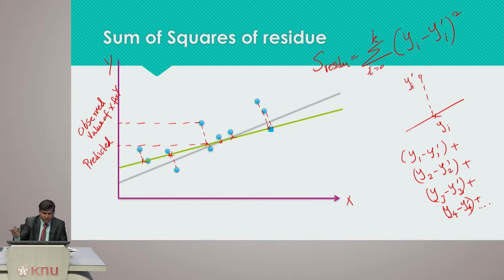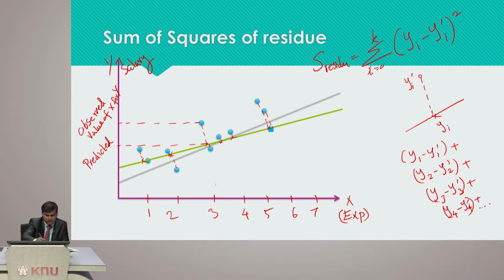Say, for example, we are talking about experience, and this is the salary, and let's suppose this is 1, 2, 3, 4, 5, 6, and so on. So, number of years of experience, and say this particular point is 3 years.